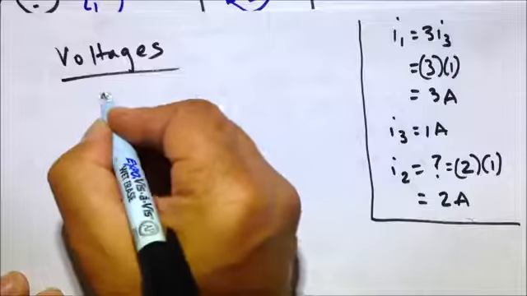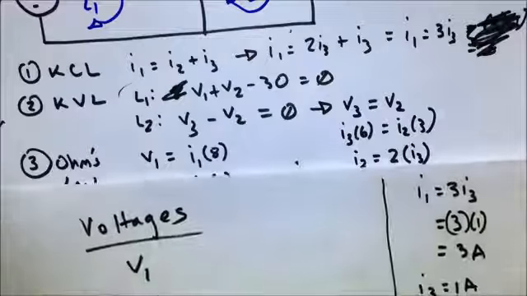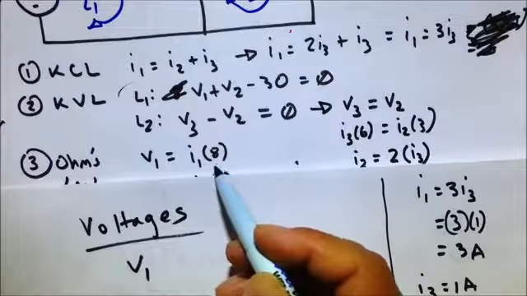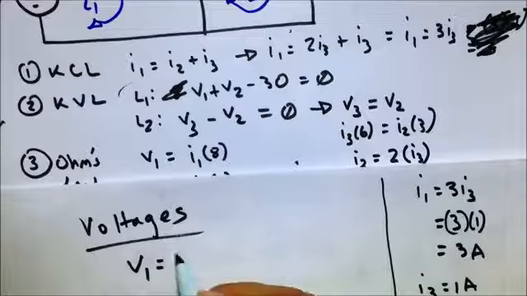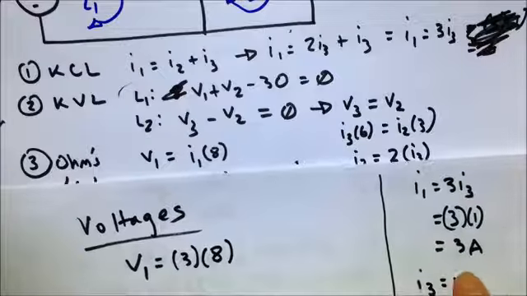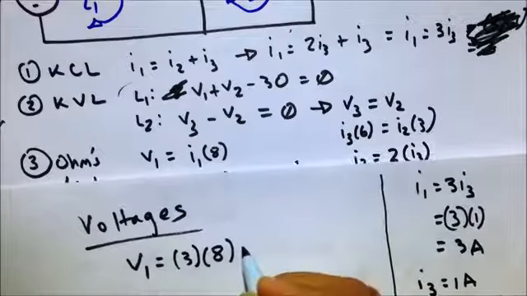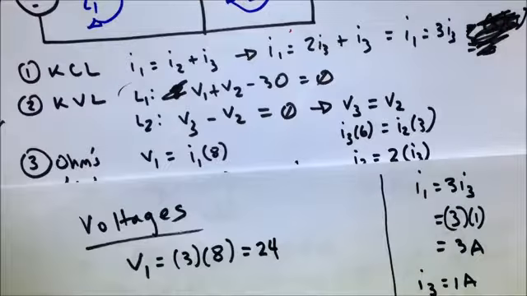Voltages. So V1. We know V1 equals I1 times 8. I1 we know is 3 amps, times 8, that means the first voltage is 24. That's kind of high.